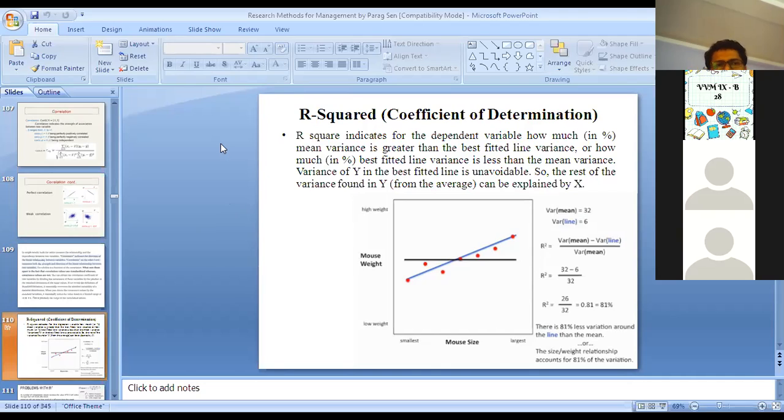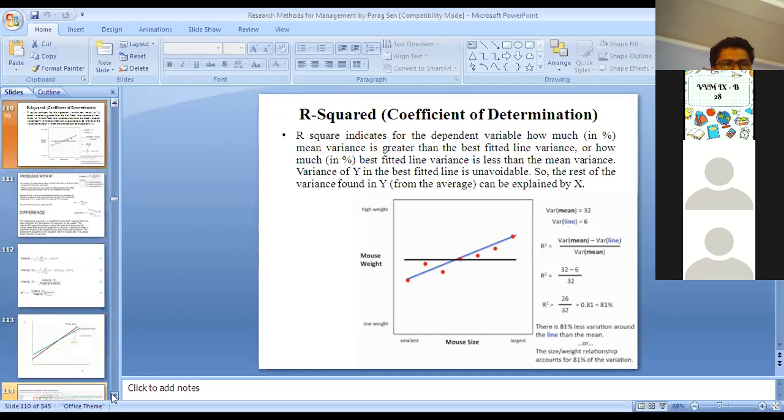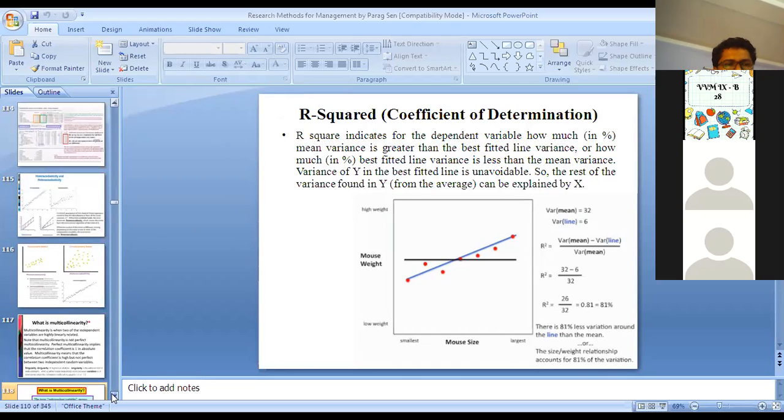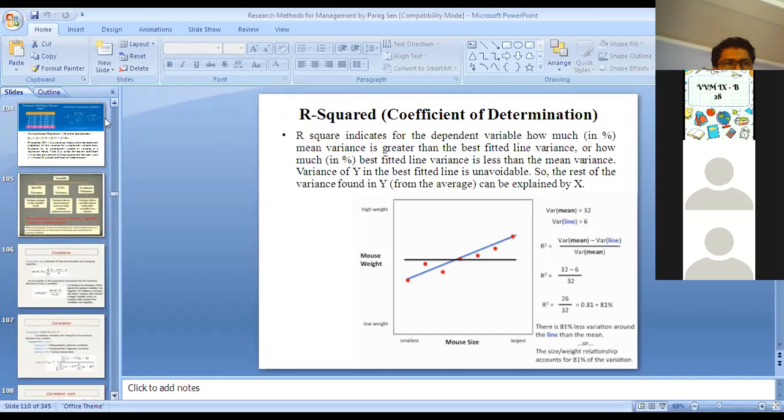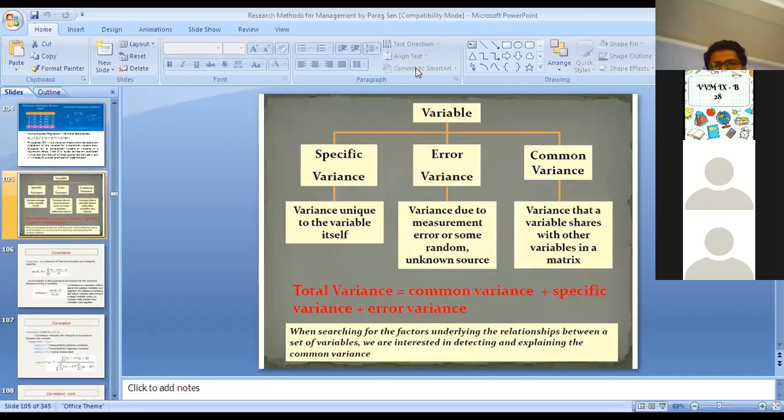In order to understand the concept of R square, we first must know the concept of variance. You can see that there are three different types of variance: specific variance, error variance, and common variance.